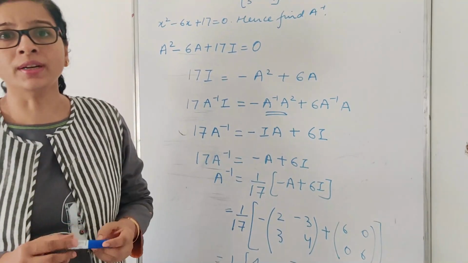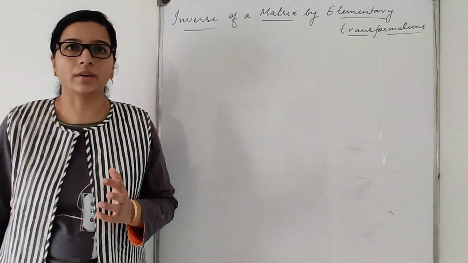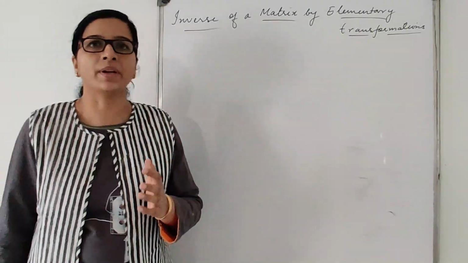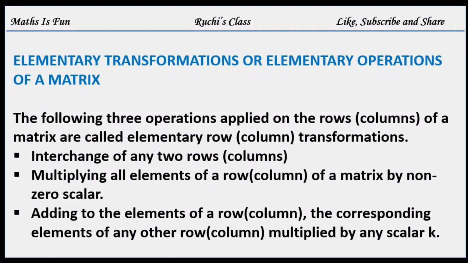Now we'll do the next method of solving the inverse. So just now we learned the inverse of a matrix in a traditional way, right? Now we will learn the matrix inverse by elementary transformation. There are 3 operations applied on the rows or columns of a matrix which are known as elementary transformations.